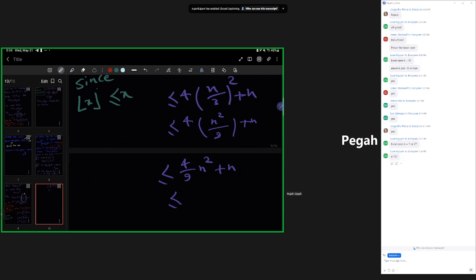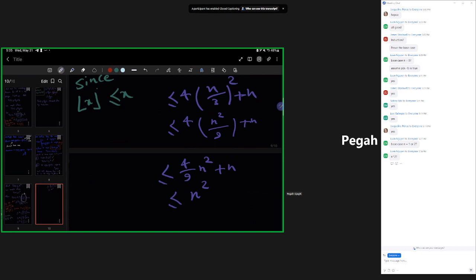Yes, this is going to be less than n squared. But why? Because these numbers are less than 1 all the time. When you consider n squared and n, the rate of growing of n squared is greater than n. So we can consider this one dropped. But this one is less than, because this number is less than 1.